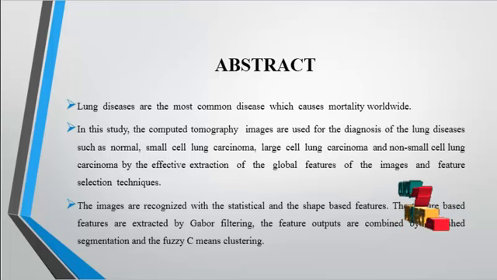Then the performance of the classification is finally evaluated by performance metrics like accuracy, sensitivity and specificity. The classification accuracy is in the range of above 90 or 95 percent. Thus, the process is efficient for lung disease classification.